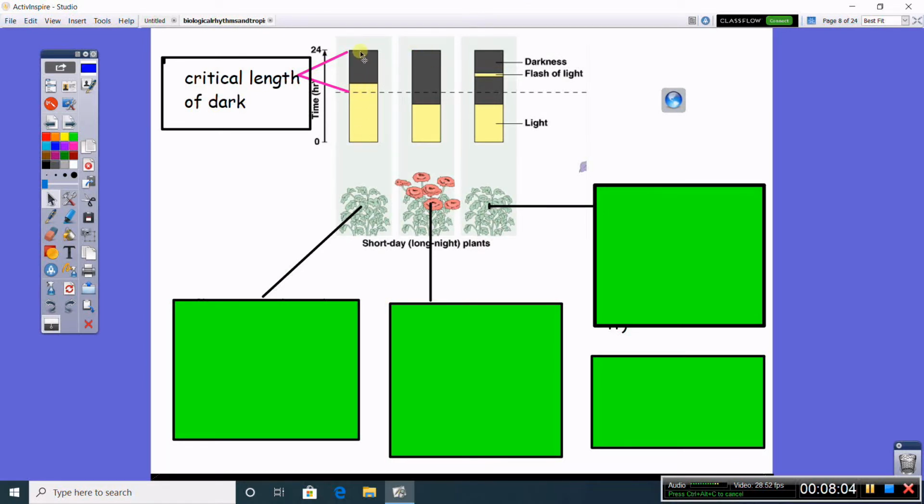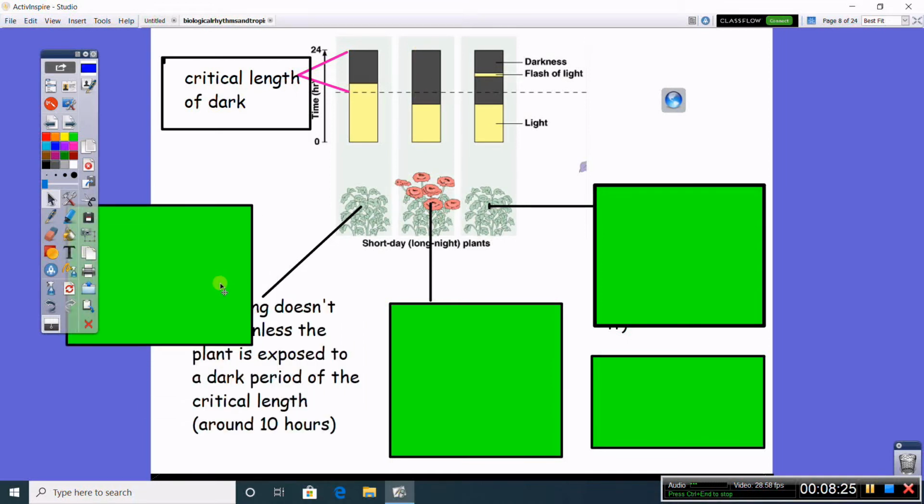Notice that this plant does not flower because it is not receiving more than this critical length of dark. This plant is going to flower because it received more than that critical length of dark.